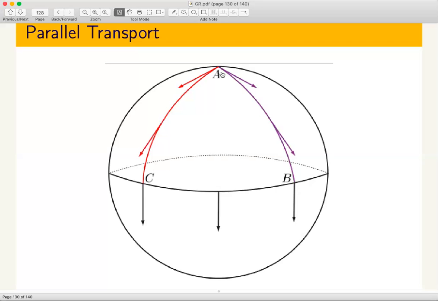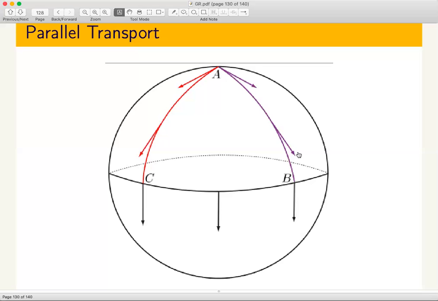So parallel transport clearly depends on how you transport those vectors, along which path, and after transporting, bringing it to the same point, you can do a comparison and check whether the vectors are parallel.